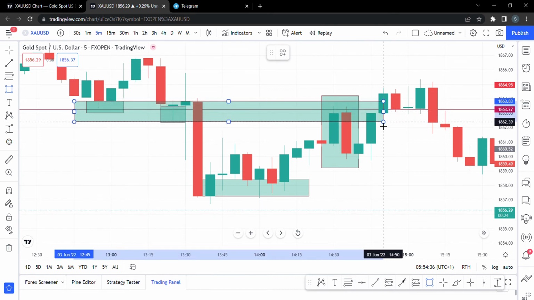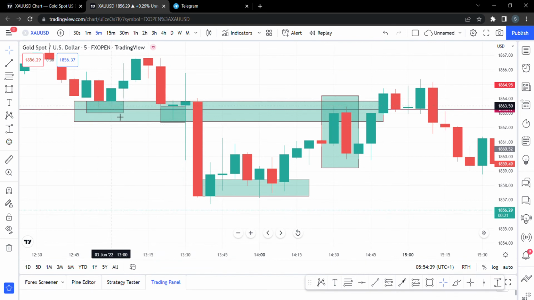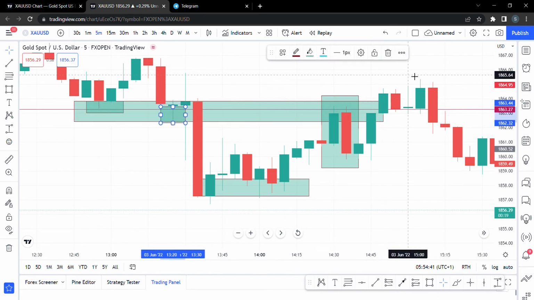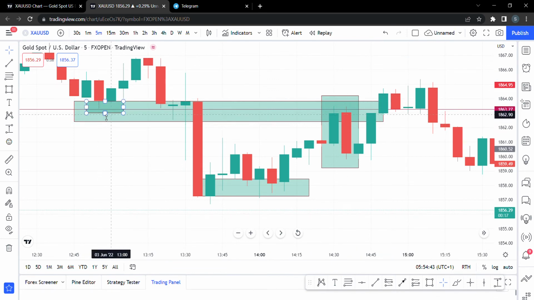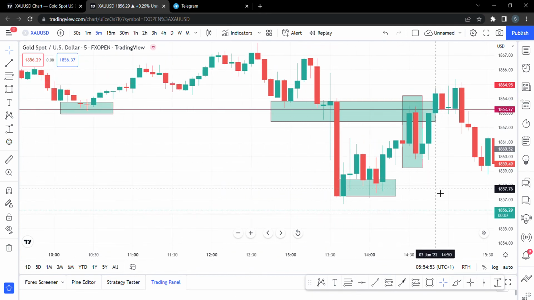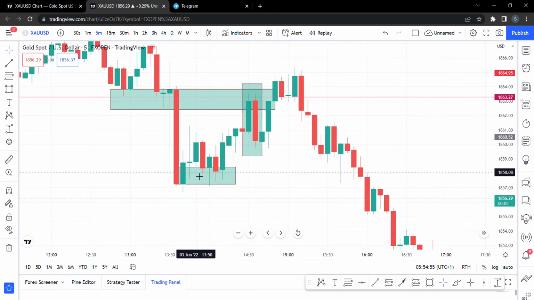At an area of former support which turned new resistance, right? Now this market went back up and took out their stop losses. Why did they do that? Because they didn't know the rule of the three pushes.